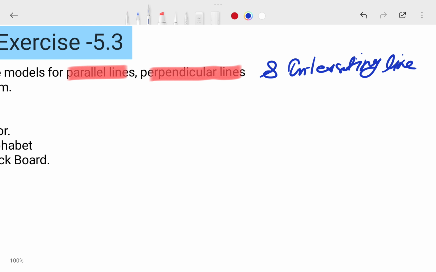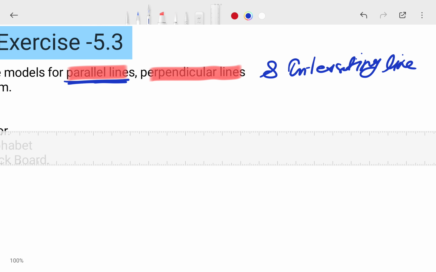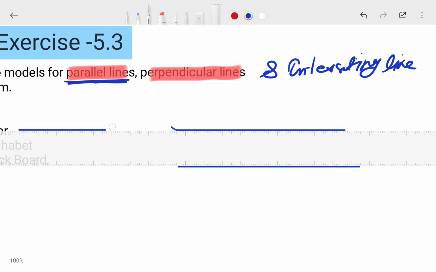So let's talk about parallel lines. What are parallel lines? Parallel lines are lines where one is here and one is there. This is a parallel line because it is going straight in this direction, and this one is also going straight in this direction.